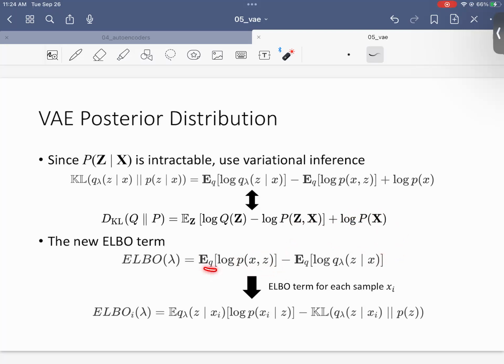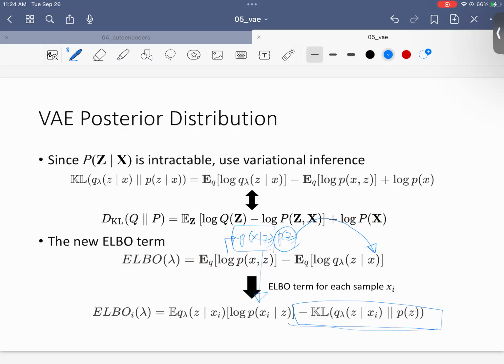Because they both are the expectation of the same distribution, the Q. So let me write it down. P(x|z), P(z), and then we take this z and P(z) into here. That becomes our KL divergence, right? And you're left with P(x|z) here. So it's just moving terms around, nothing in particular.